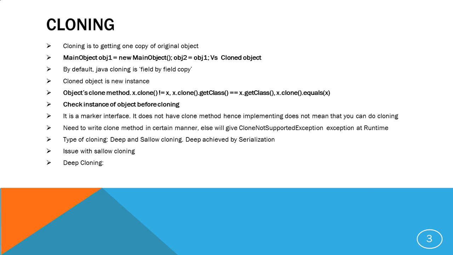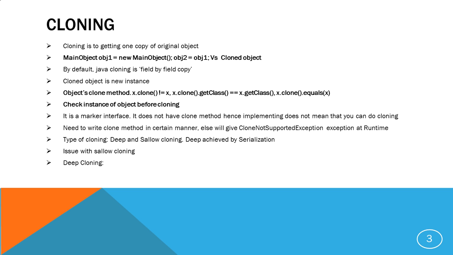Once I try to do the cloning of that, the cloned object will be a copy of each field. When we create a cloned object, that is a new instance. So it will not refer to the existing object, it is a new object.